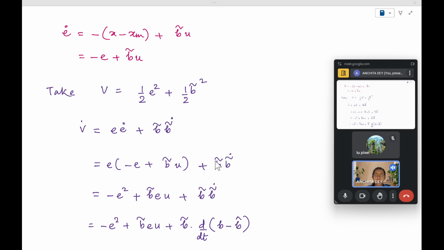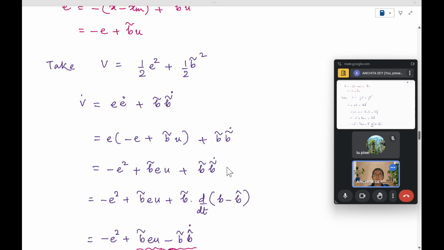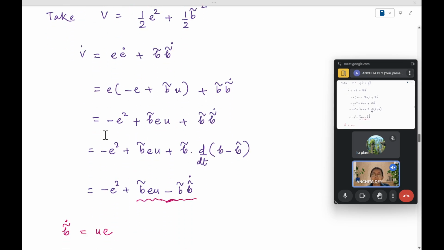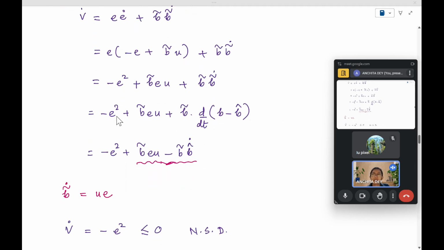Because we are yet to design an adaptive law for it. You just expand it, you get minus E square plus b tilde E into u plus b tilde into b tilde dot. And then this is equal to, if you notice, we have this b tilde dot here. Now what is b tilde dot? It is basically, I can just add a line in front.